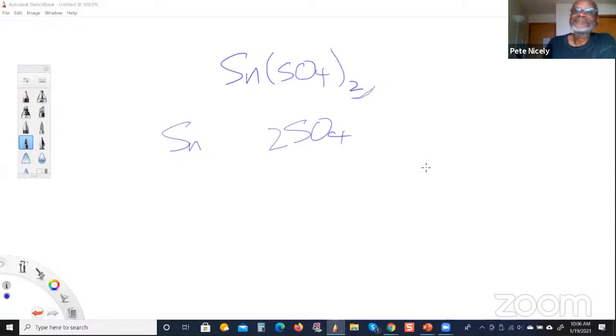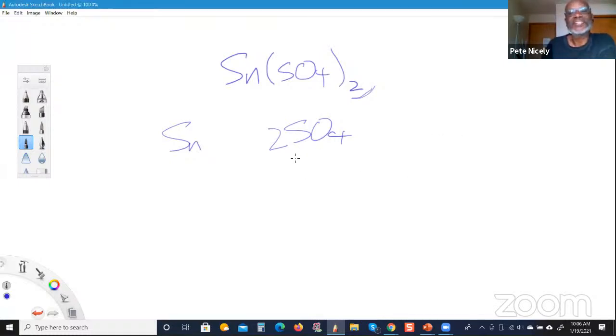Okay, let me try to help you guys along. What would be the charge that is carried by the sulfate ion? And you can look up the table in Canvas if you feel you must.